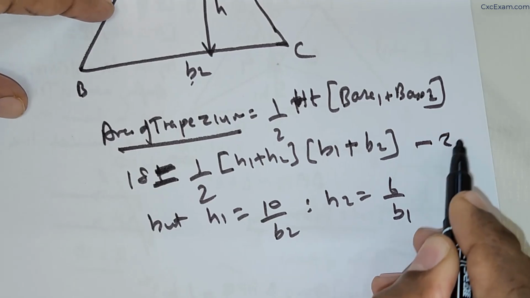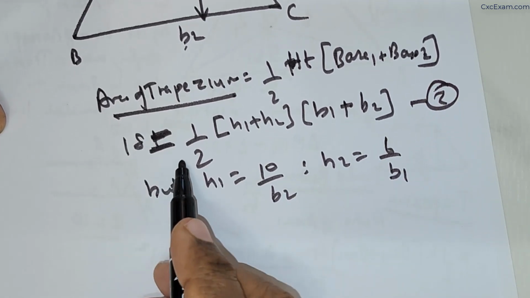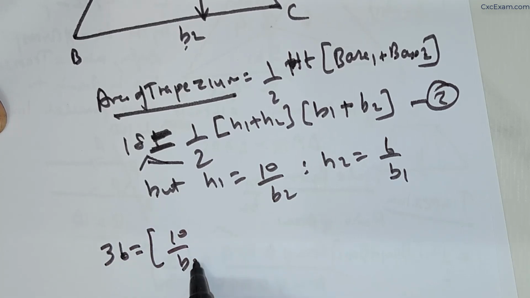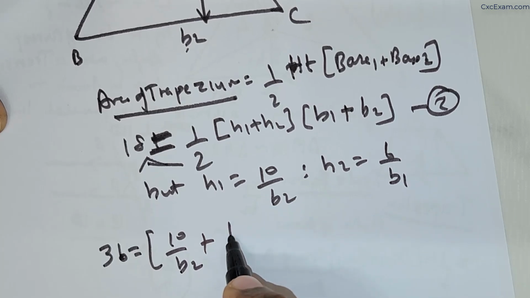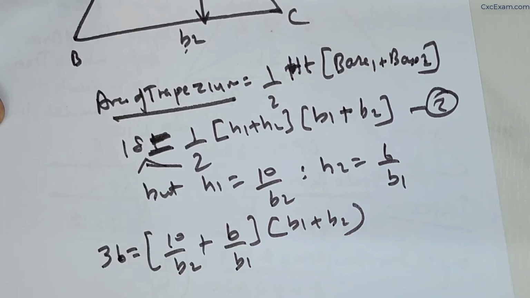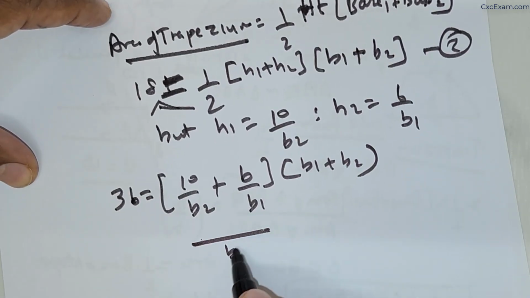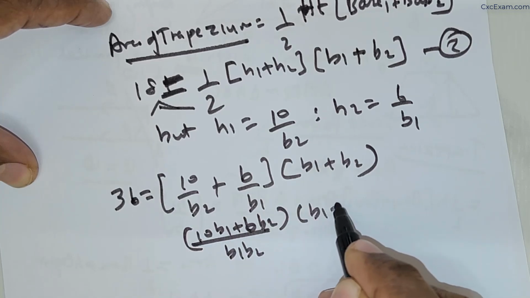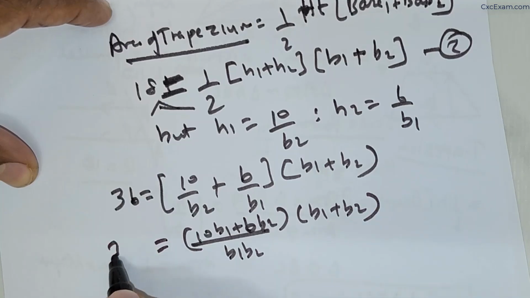So if I were to take this as, say, sum 2, I multiply this, I get 36 is equal to 10 over b2 plus 6 over b1 times b1 plus b2. So LCM is b1 b2. This will give me 10 b1 plus 6 b2 times b1 plus b2 is equal to 36 b1 b2.